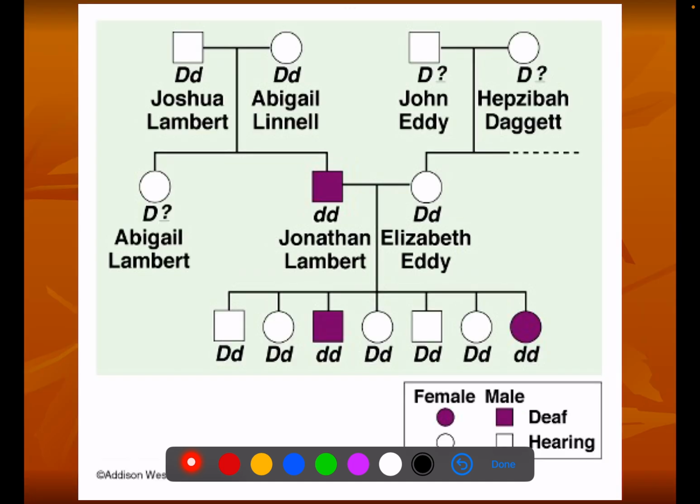Okay, so know that. This is another example of a pedigree showing, again, the symbol logic of how a disorder might be transmitted through various generations. The boxes are males, the circles are females. Fully shaded means that you have the condition, half shaded means you're a carrier.